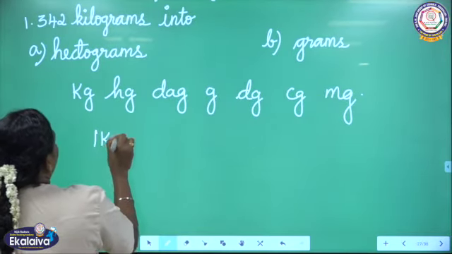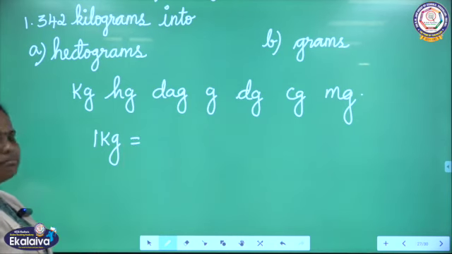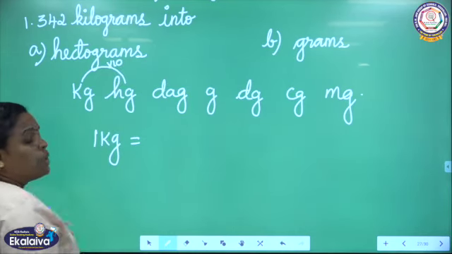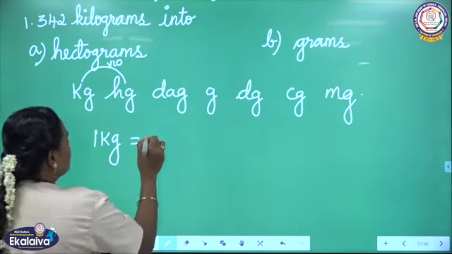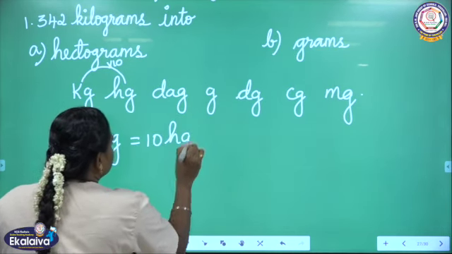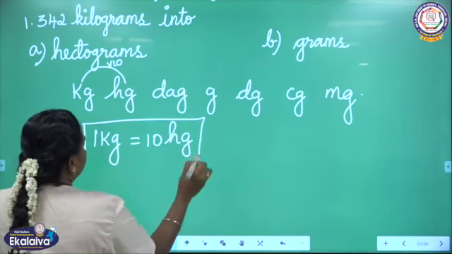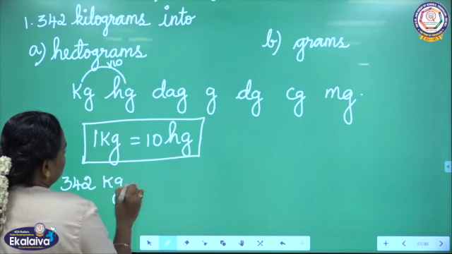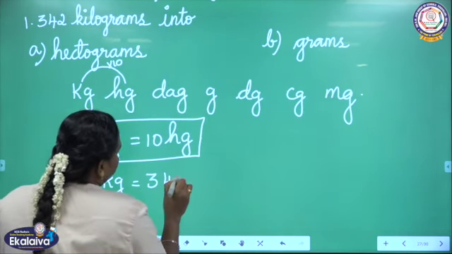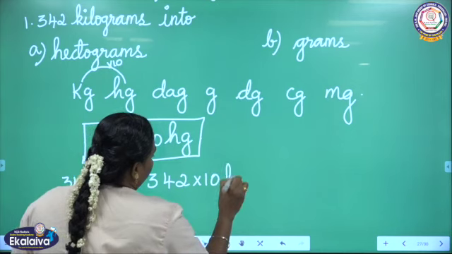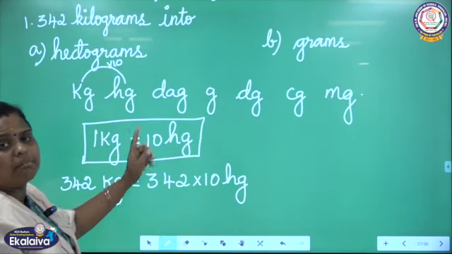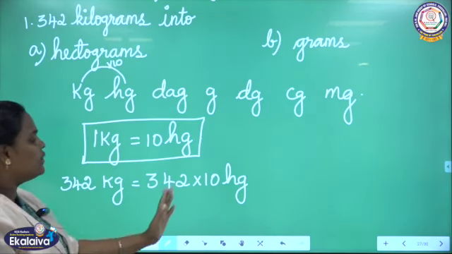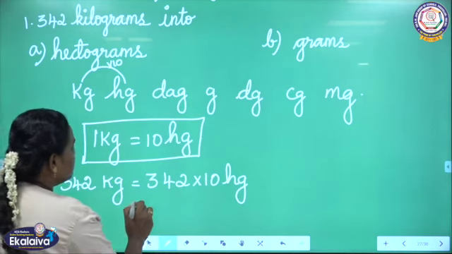So we are going to convert 342 kilogram into hectogram. Tell me, 1 kilogram equal to how many hectograms? 1 kilogram equal to 10 hectograms. So 342 kilogram equal to 342 into 10 hectogram. If you multiply 342 into 10, then we have changed this into hectogram.